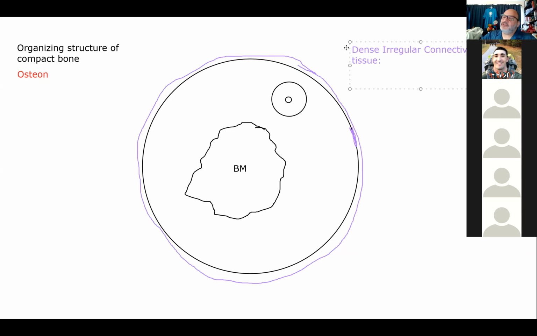However, this isn't the only place we find a dense irregular connective tissue in the body. Right? In fact, if I remember correctly from the last exam, there was a dense irregular connective tissue that wrapped around cartilage. And when it wrapped around cartilage, we gave it a name based on its location. And what was the name we gave that dense irregular connective tissue that wrapped around the outside of our cartilage?